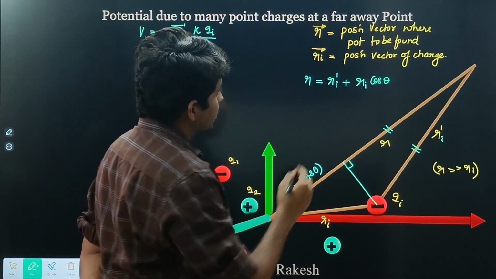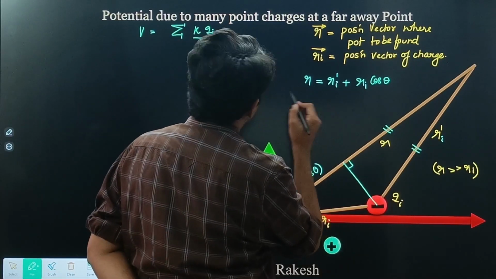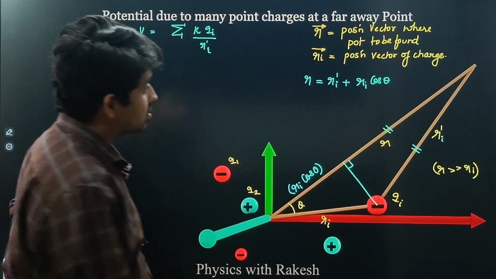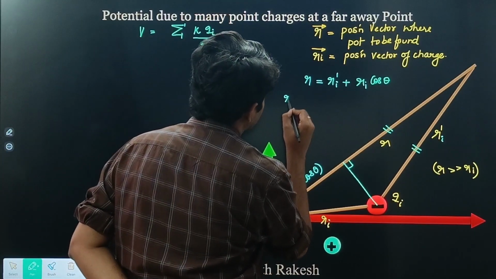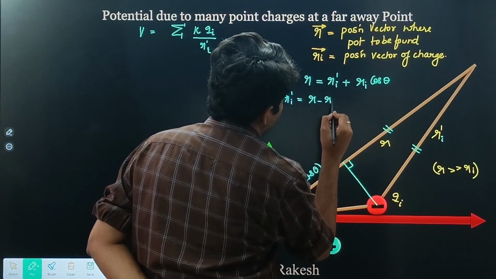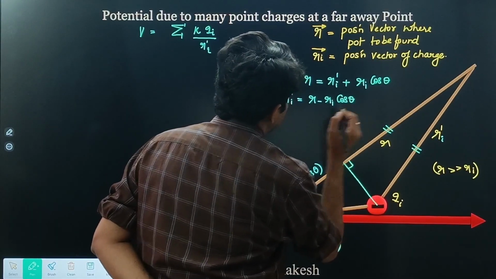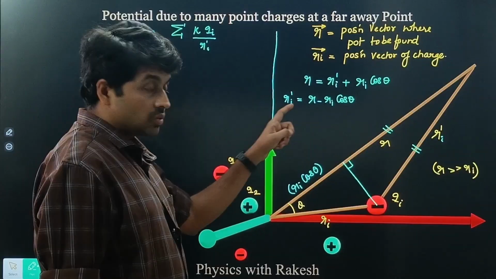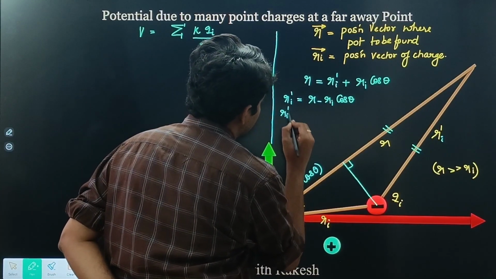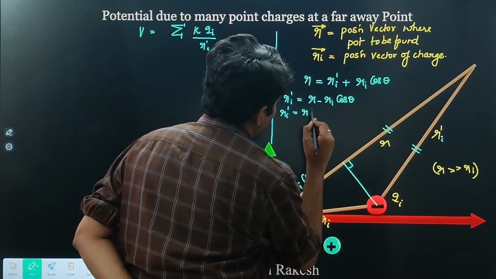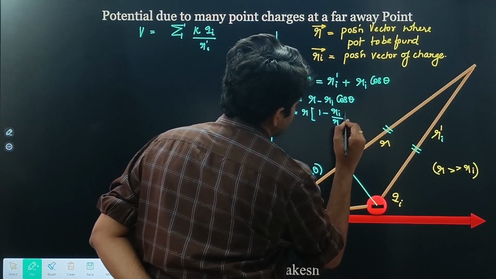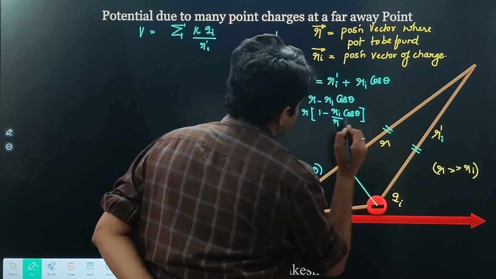And this Ri dash, see here we have 1 by Ri dash, no? So we'll just write it in these terms. What is Ri dash? Equal to R minus Ri cos theta. If I take this R common, Ri dash equal to R into 1 minus Ri by R cos theta.